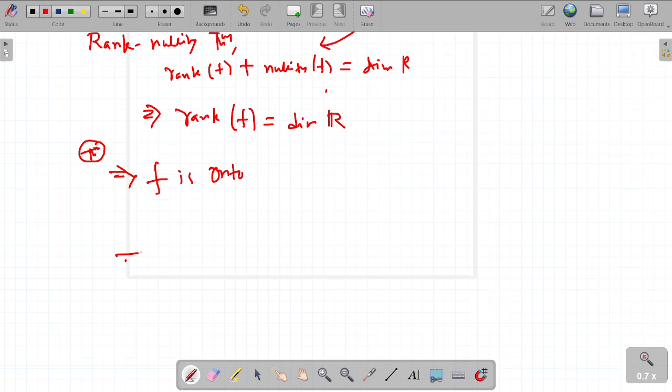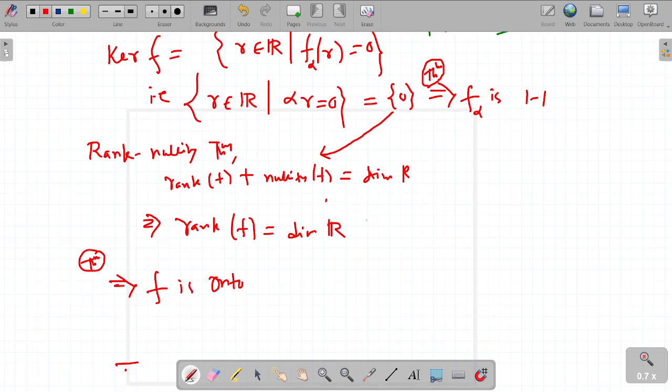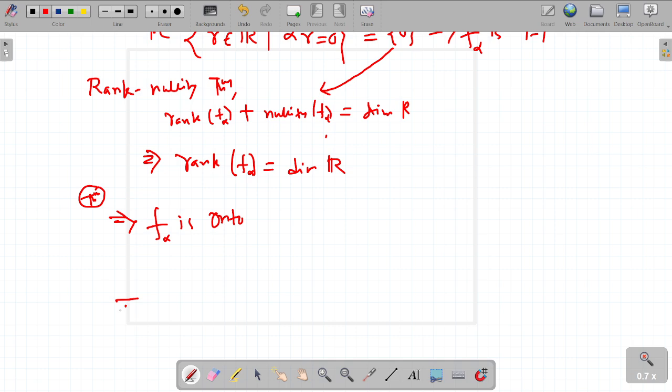Sorry, this is f alpha, not f. This is f alpha. So f alpha from R to R is a bijection.